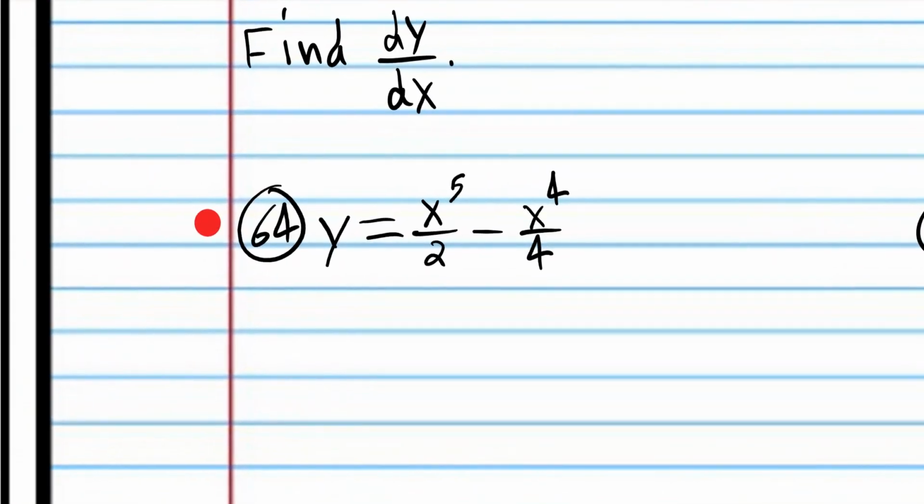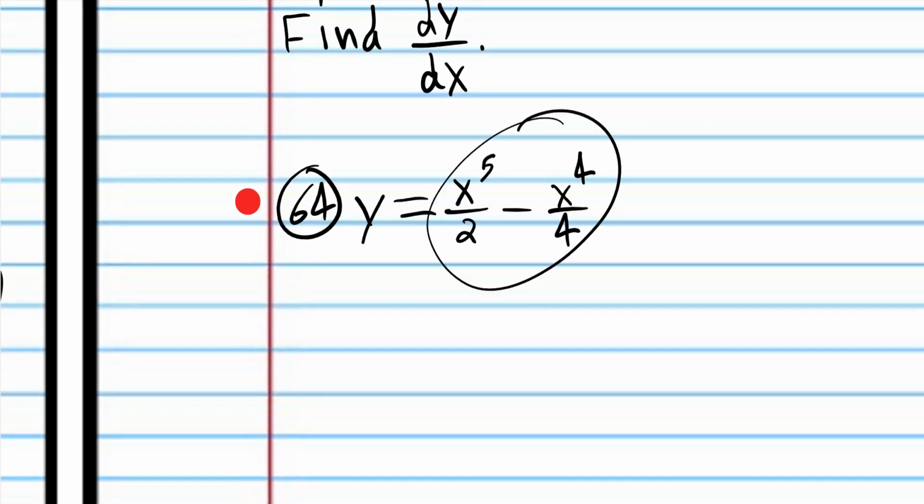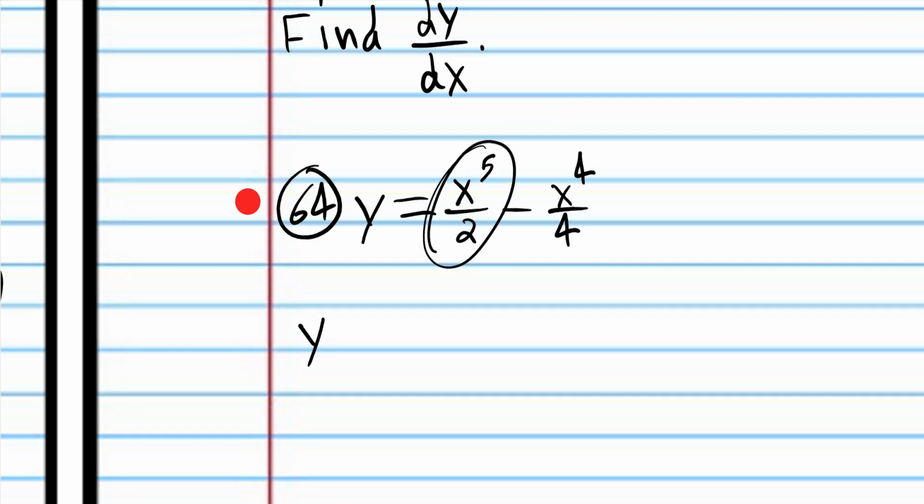Okay, so you can see we have a difference here. So we can use differentiation formula number 5. But again, this is just the same thing we've been doing. Now, students in calculus courses really get confused by fractions like this. But there's no reason to be confused. Before we take the derivative, let's factor the fractions out.